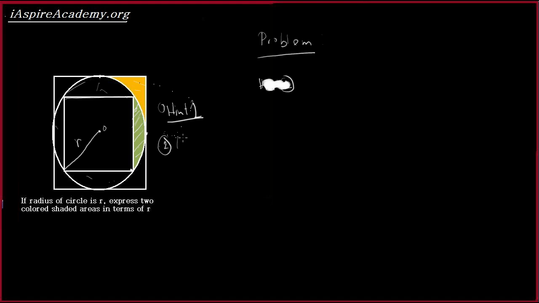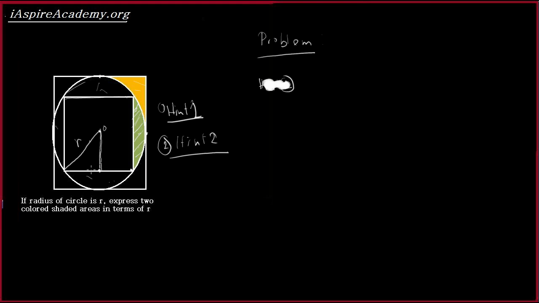So here is hint number 2. I'm assuming that you have already been able to find out the area of this. If not, now finding the area of the circle is easy because you are given r.